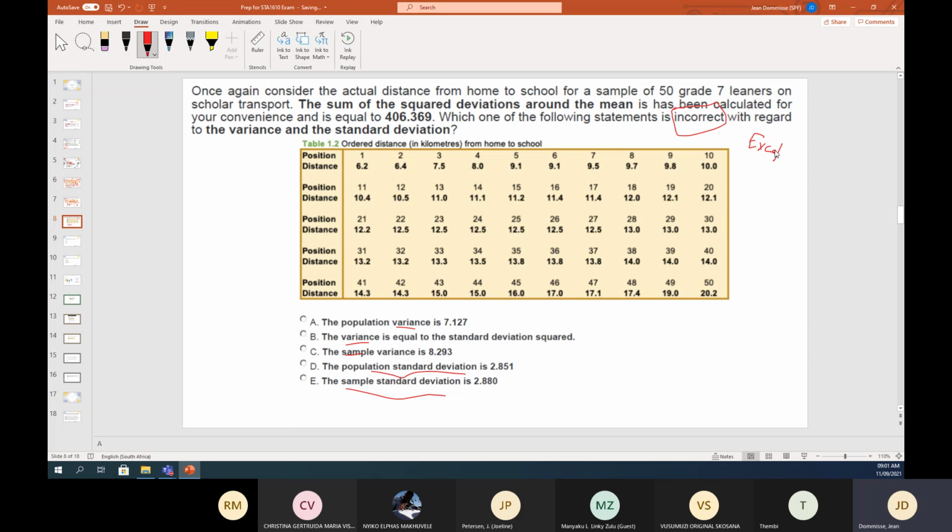I'll do an Excel for this one, because we can add all of these numbers in an Excel spreadsheet, and I think Christina did that as well, to get to an answer.